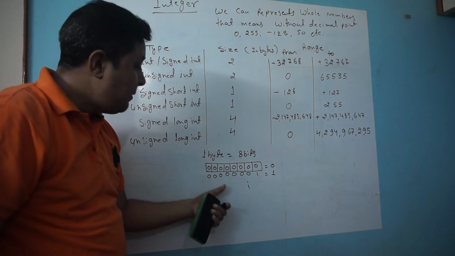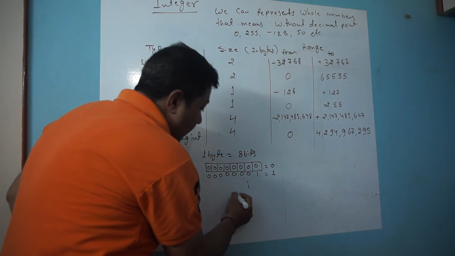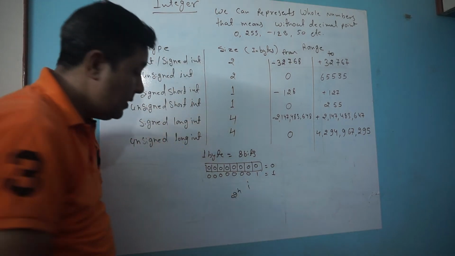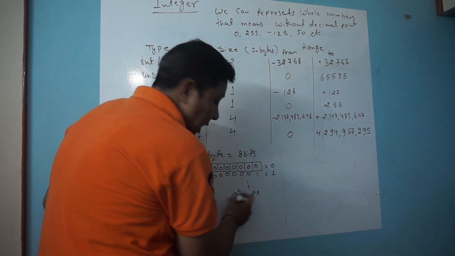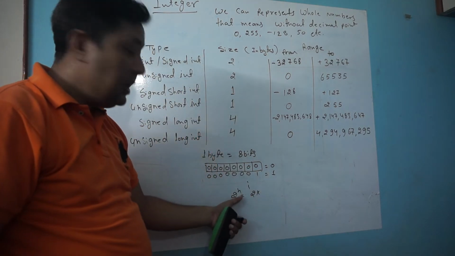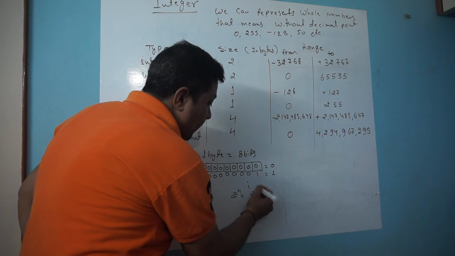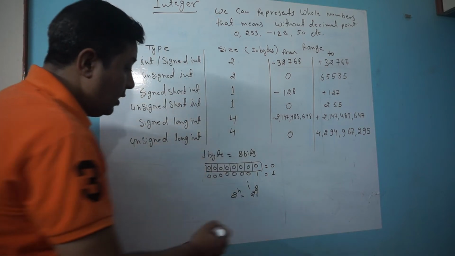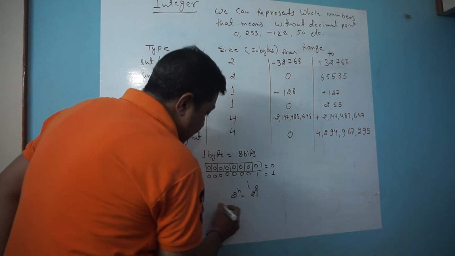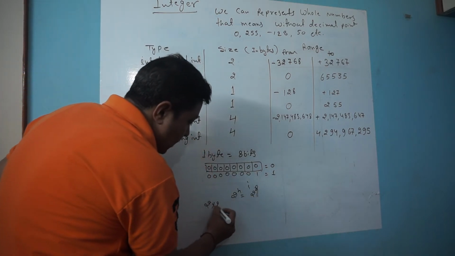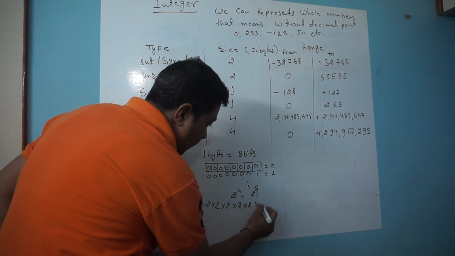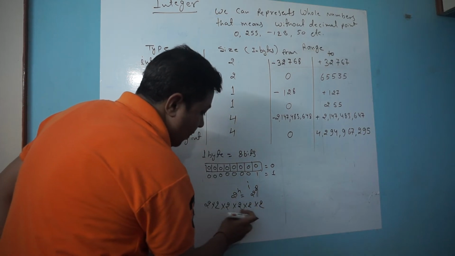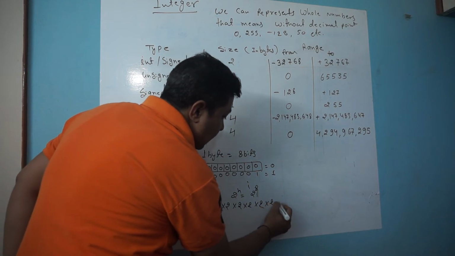So the maximum number of values we can represent is 2 to the power n, where n is the number of bits. That is 8, so 2 to the power 8. We can write this as 2 multiplied by 2 multiplied by 2, eight times: 1, 2, 3, 4, 5, 6, 7 and 8.